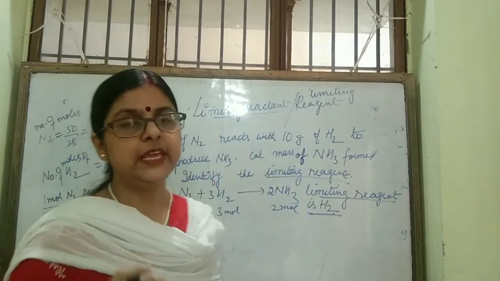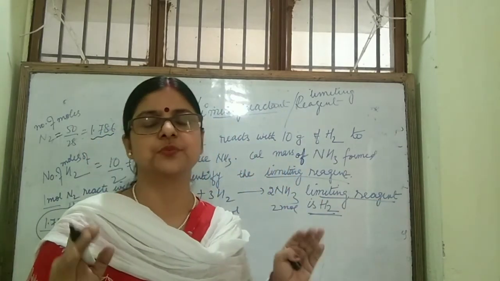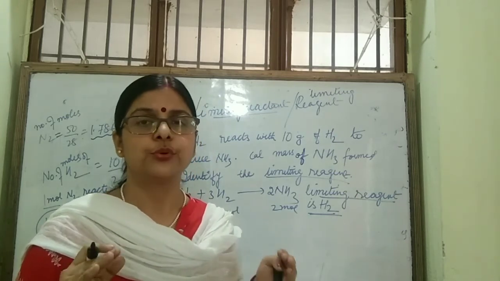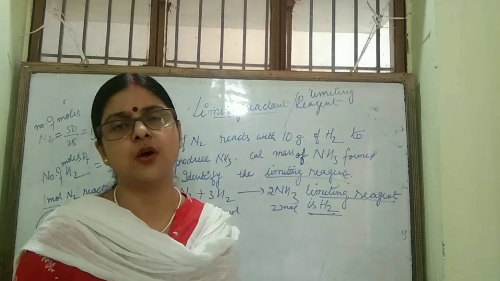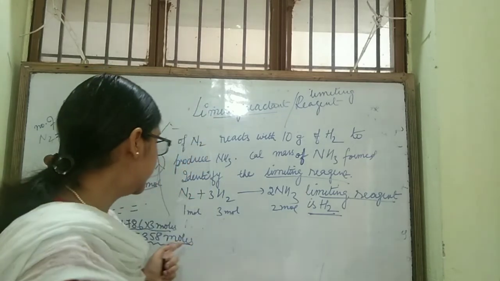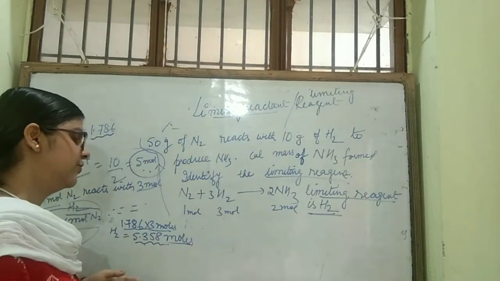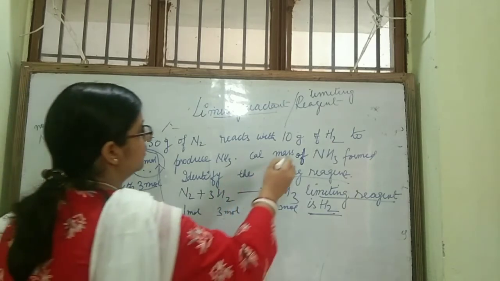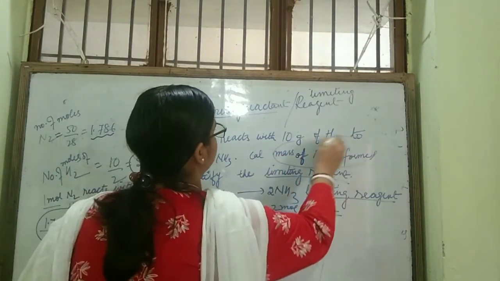So, stepwise we'll do this. First we'll write the balanced chemical equation, and then through the stoichiometry we'll find out which is the limiting reagent. We got here that hydrogen is the limiting reagent. Now our next question is to calculate the mass of ammonia formed.